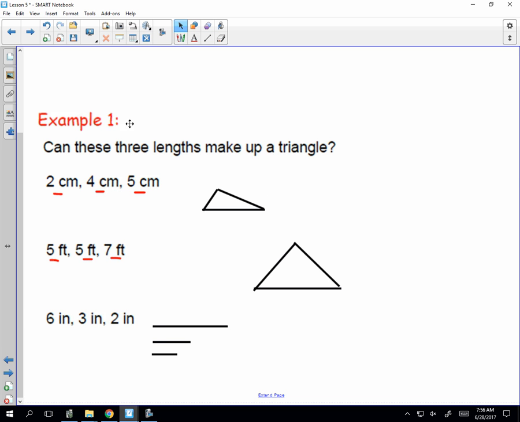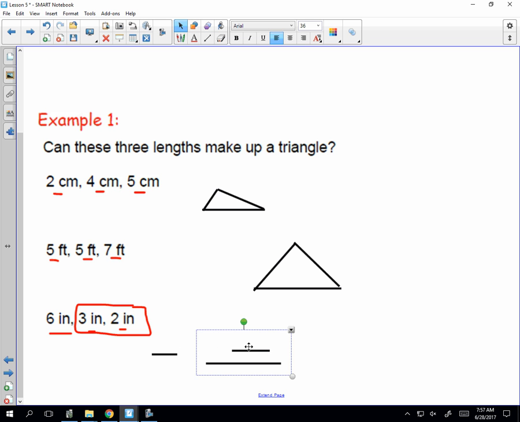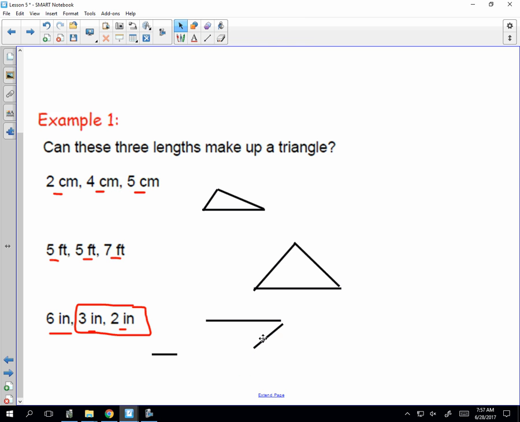Now, when we look at this third situation, we've got a 6, a 3, and a 2. We can look at it right now. 3 plus 2 is 5, and 5 is not greater than 6. So if I look at these three pieces, I'm going to have trouble building a triangle, because as I rotate these two small pieces to try to build onto this long piece, there's no angle that I can create that's small enough.